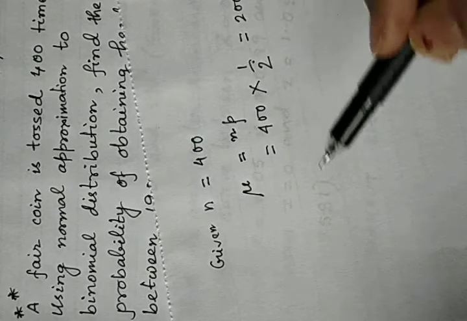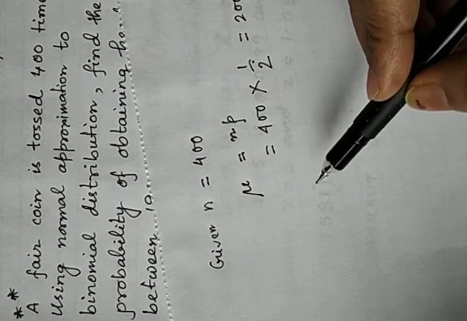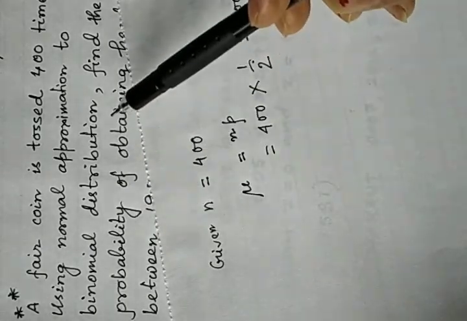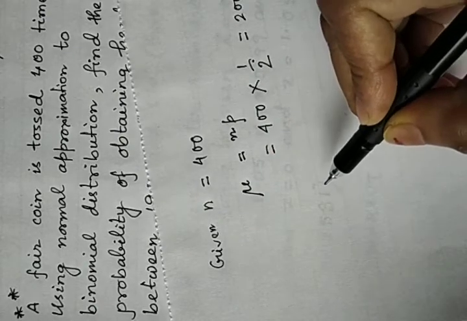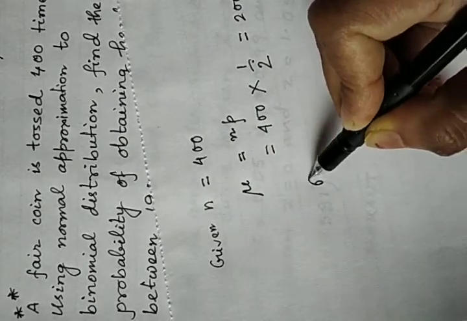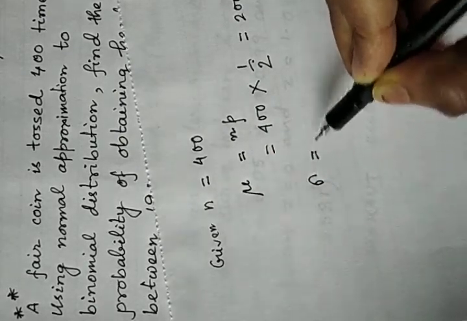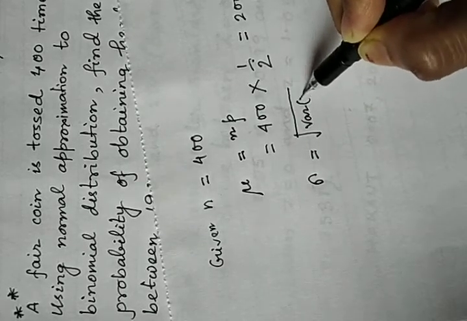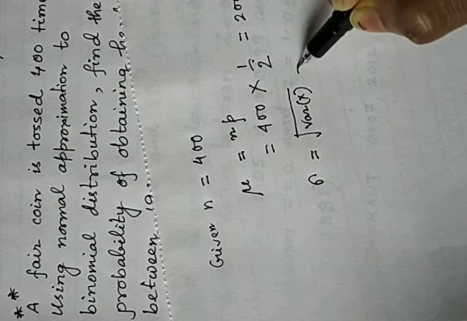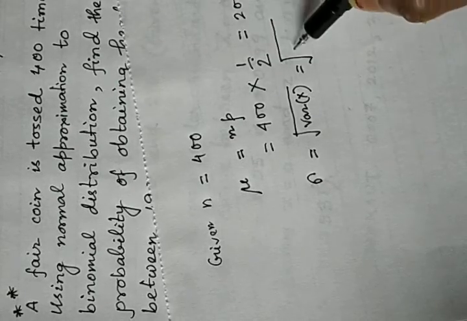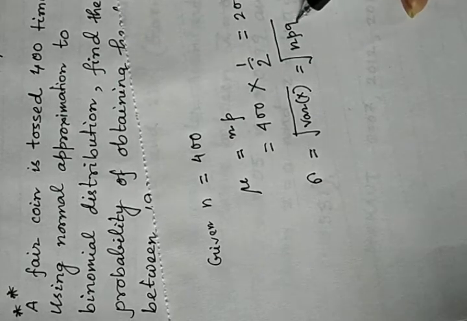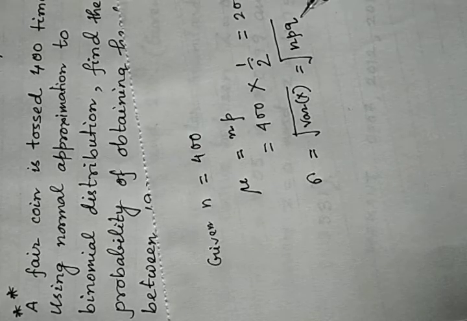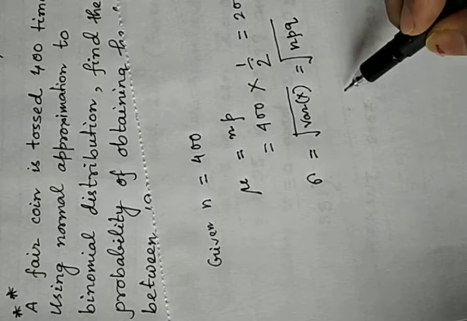Next, when the normal distribution is approximated to binomial distribution, the standard deviation sigma is the square root of variance, which equals root of npq, because npq is the variance of binomial distribution.